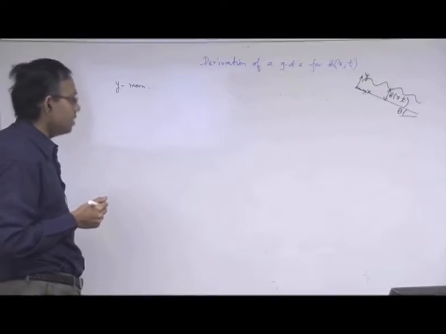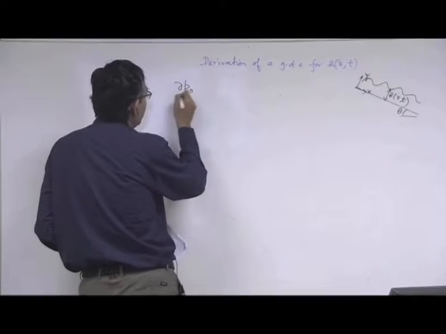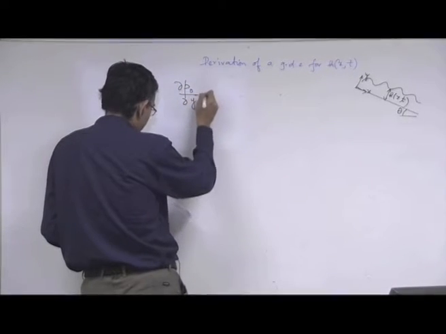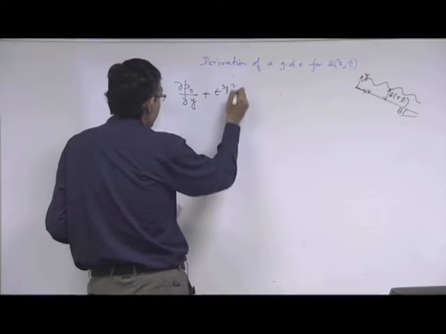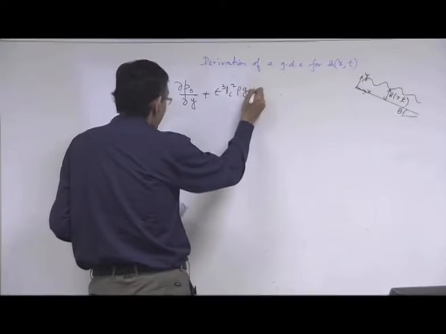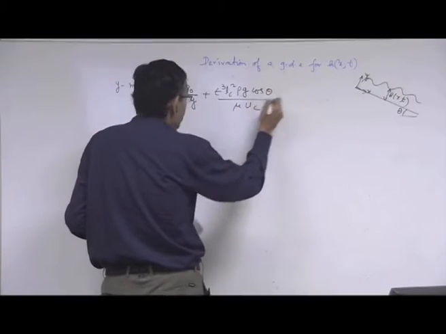So the y momentum equation, del p0 del y, these are there in your slides or notes, plus epsilon cube LC square rho g cos theta by mu uc equal to 0.